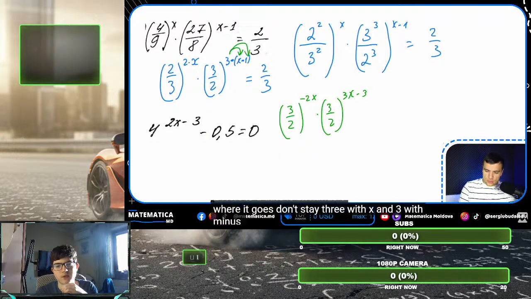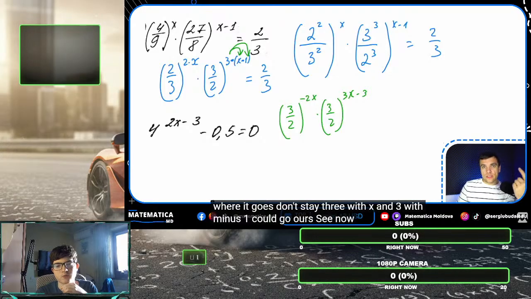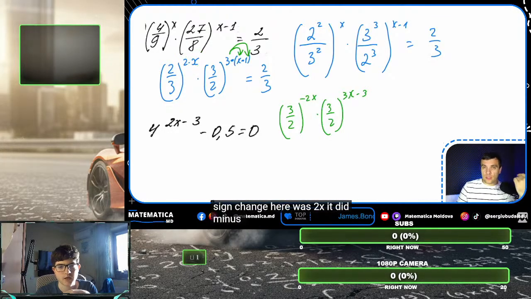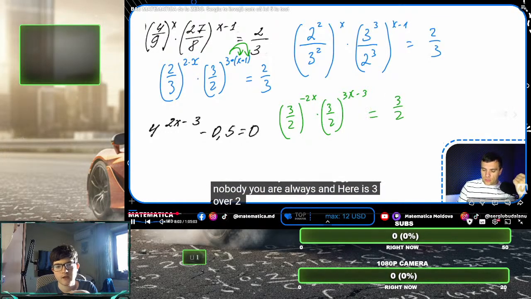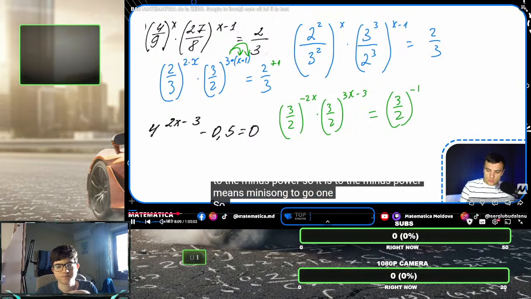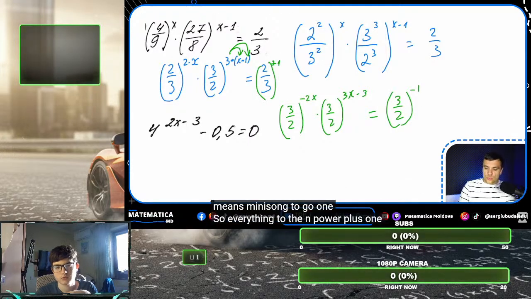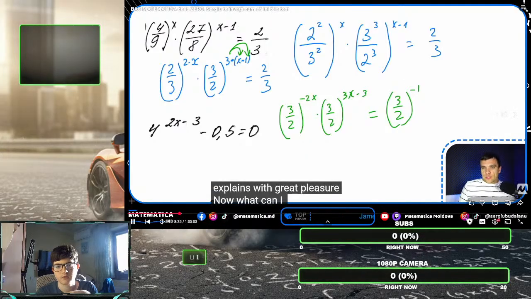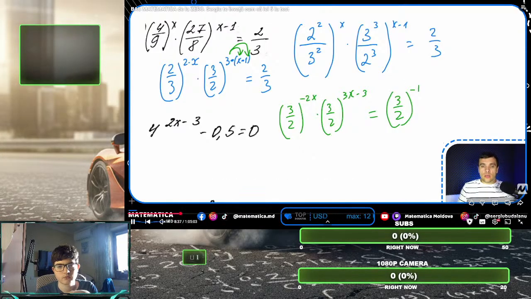Now we have the same stuff, so you just do minus 2x plus 3x minus 3 equal to 0, and now solve that, done. I think it shows another variation here. I know what he's doing.